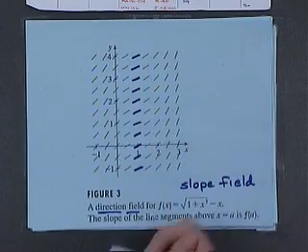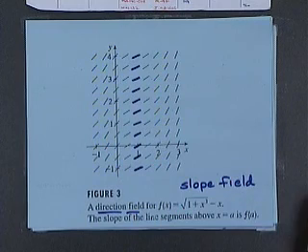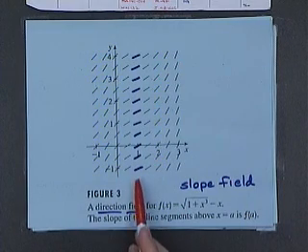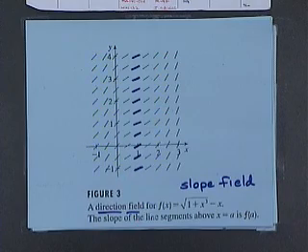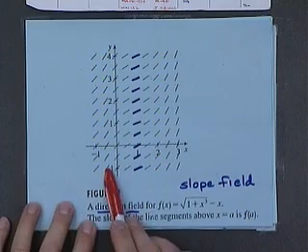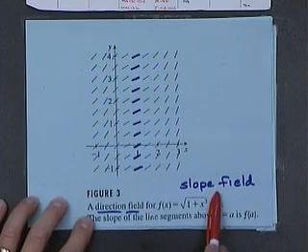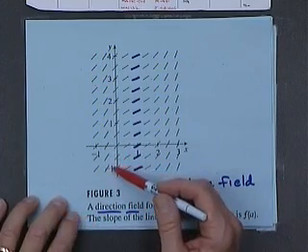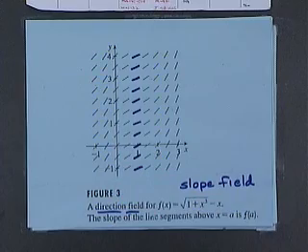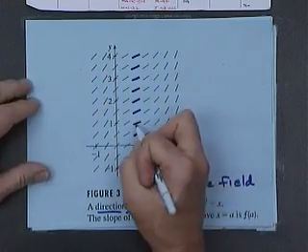So you can have a whole bunch of curves here, and then as soon as we know a point, then we know exactly which one we're dealing with. Can you see a bunch of curves there? These are kind of like a road map, and these are signs, direction fields or slope fields. They tell you where the curve should go based on the slopes at individual points.